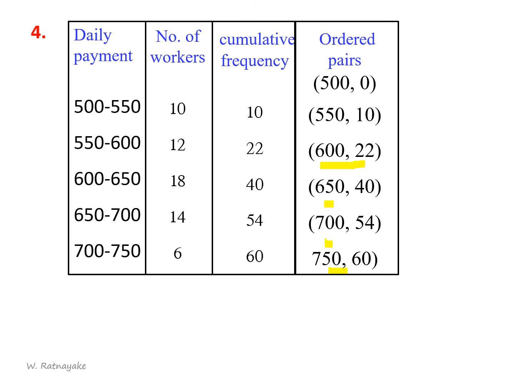You can see an additional ordered pair we have taken as (500, 0), because the upper limit of the class interval prior to this one must be 500. The frequency is 0 for that one, and the cumulative frequency is also 0. To draw the cumulative frequency curve, this initial ordered pair is also important. We take it as (500, 0), and these are the other ordered pairs.